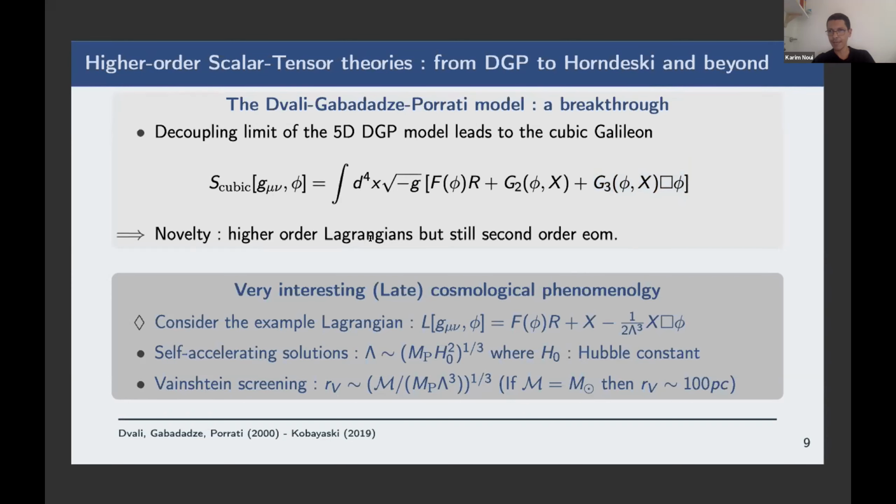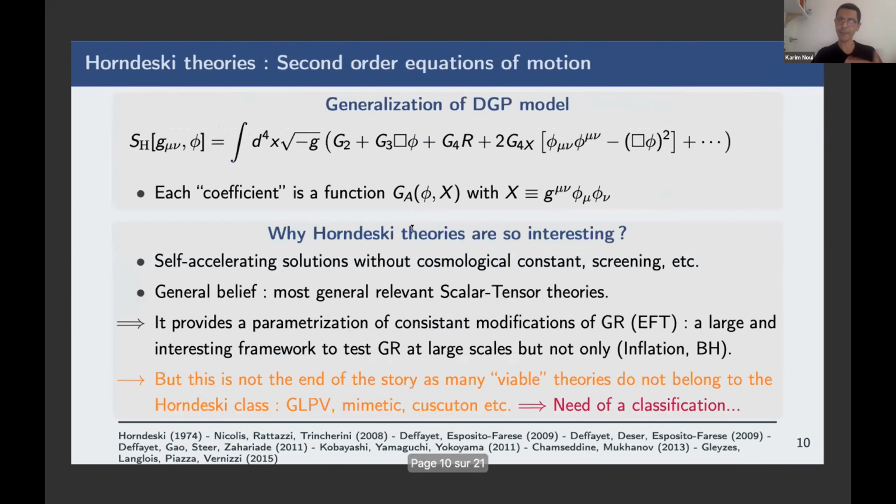So I may continue. So this was a very interesting model. So this DGP model, even though now I think it is ruled out by observations, the idea of considering higher order Lagrangians is a very interesting aspect. And in fact, quite quickly after the discovery of DGP, maybe 10 years after, it was realized that it is possible to generalize the DGP model.